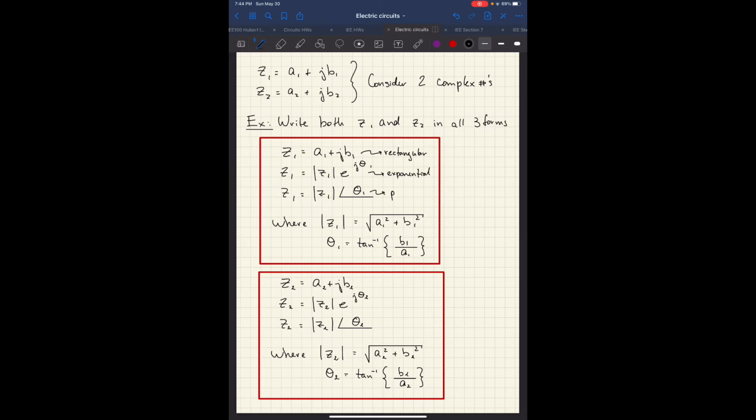This one will be polar, right? And then I just write, z1 magnitude is given by this equation. Theta 1 is given by this arctan equation over here. And likewise, you have the same business for z2 written over here. Okay? So now we're going to consider the operations.